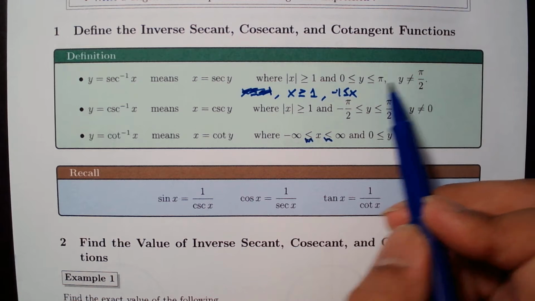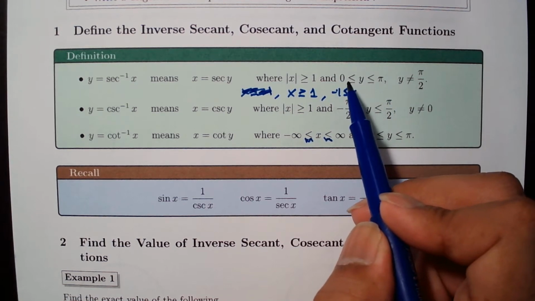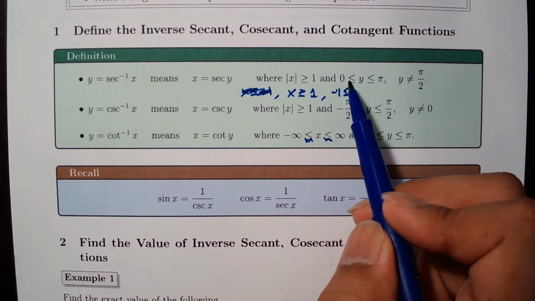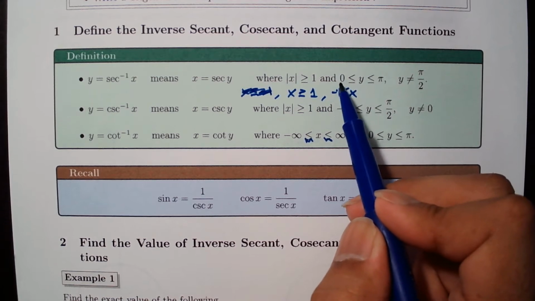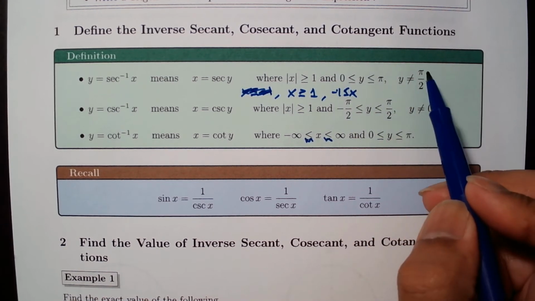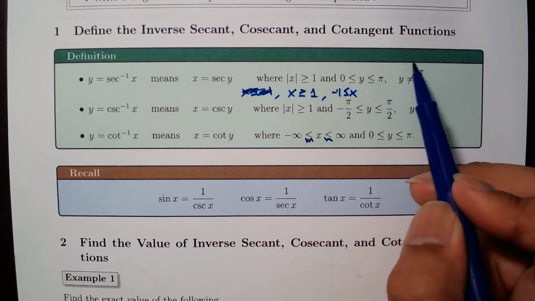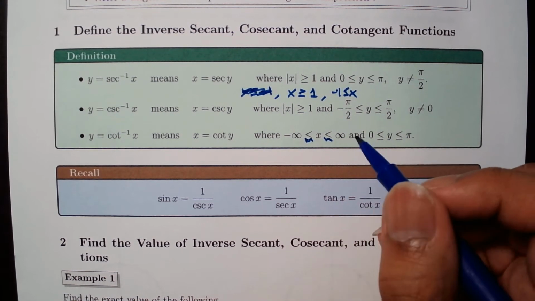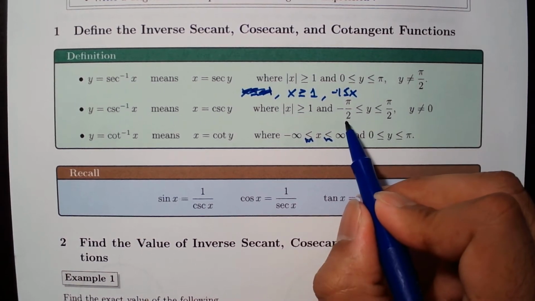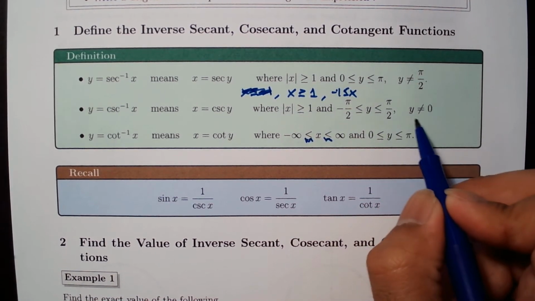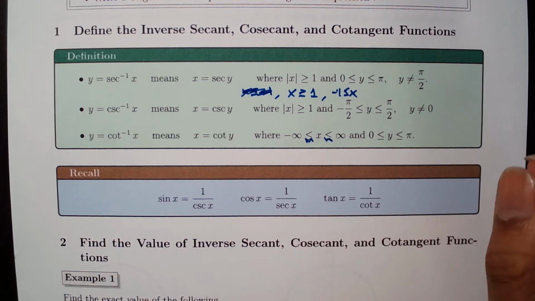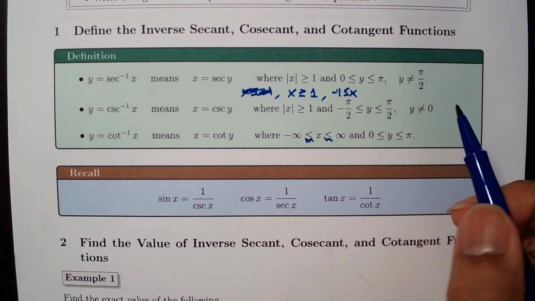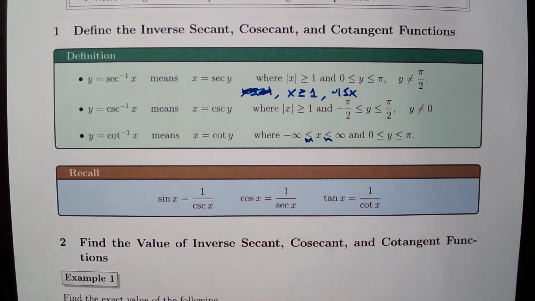For the range as well, for the secant function, the range goes from 0 to pi, but actually excludes pi over 2. The range of the inverse cosecant function goes from -pi/2 to pi/2, but excluding 0. And the cotangent function goes from 0 to pi with no further restrictions.